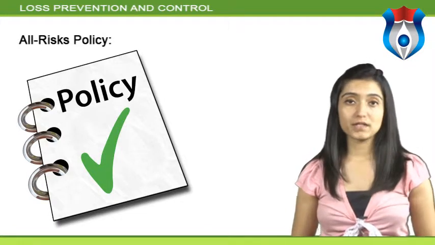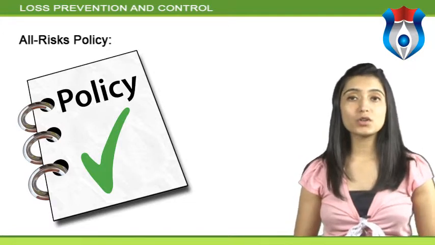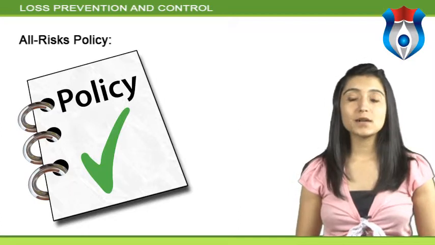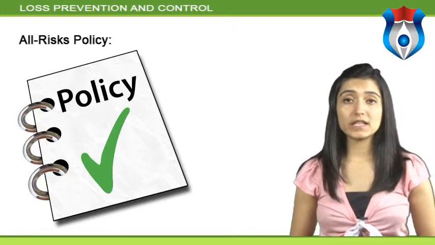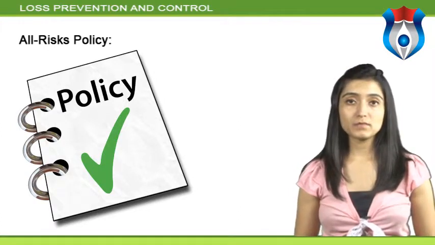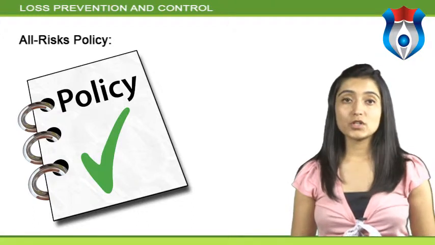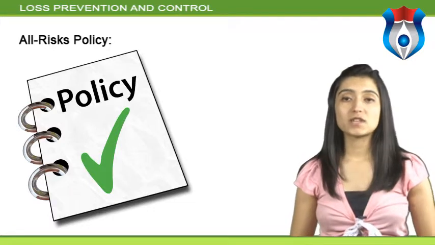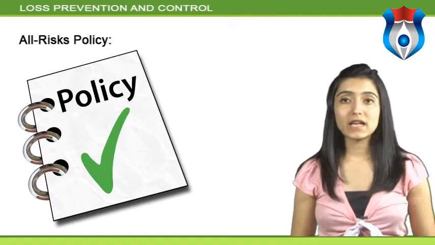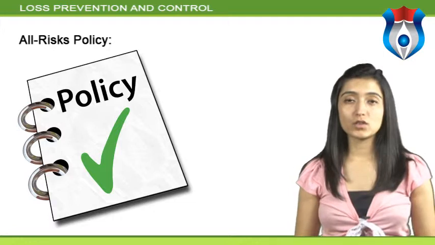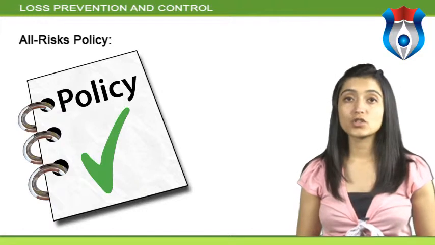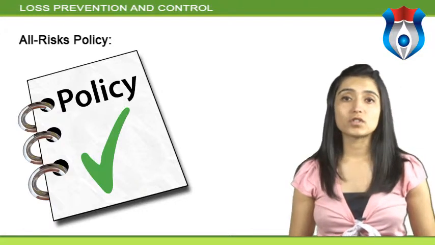All risks policy: coverage by an insurance contract that promises to cover all losses except those losses specifically excluded in the policy. To be covered for damage or loss under a basic contract, the damage or loss must be caused by a peril that is named or listed in the contract. Consequently, if damage or loss is caused by a peril that is not named, there is no coverage.